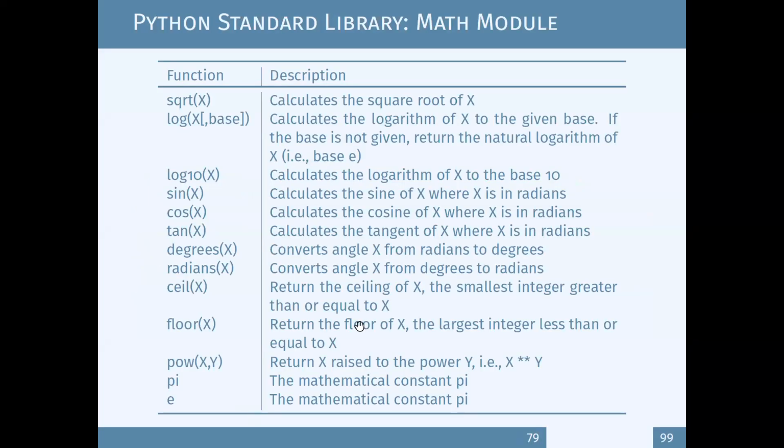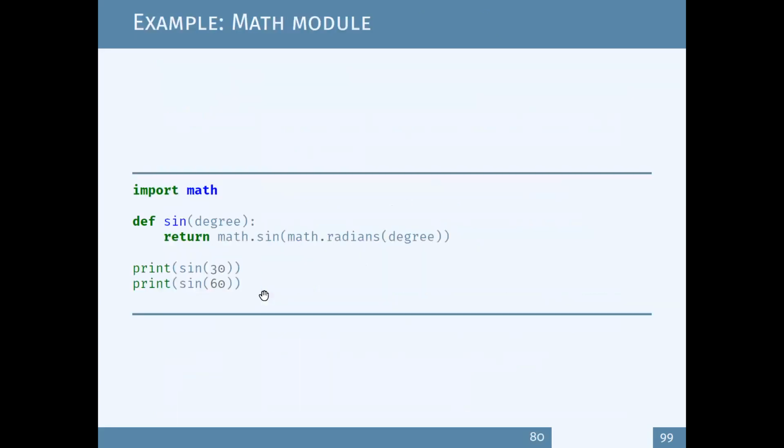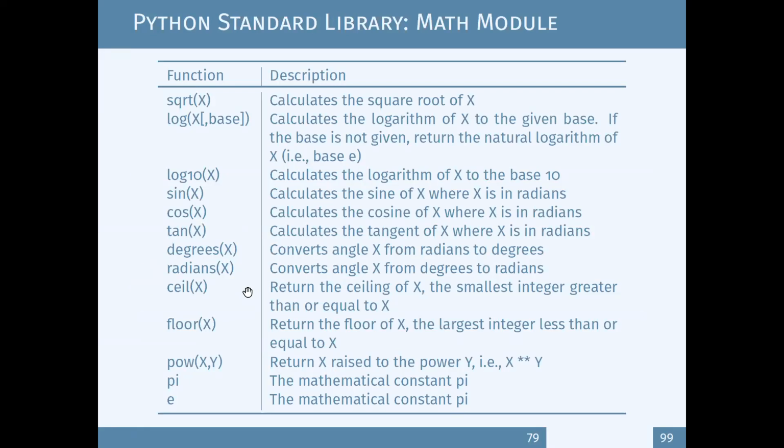Right. Now, as you can see, you can use various functions available in Python. You can always type help(math) or help(math.particular function) to get information. Let me show you how you can do that.